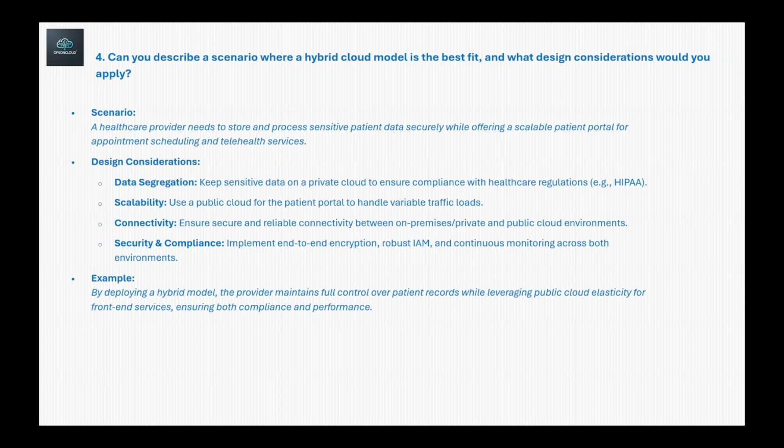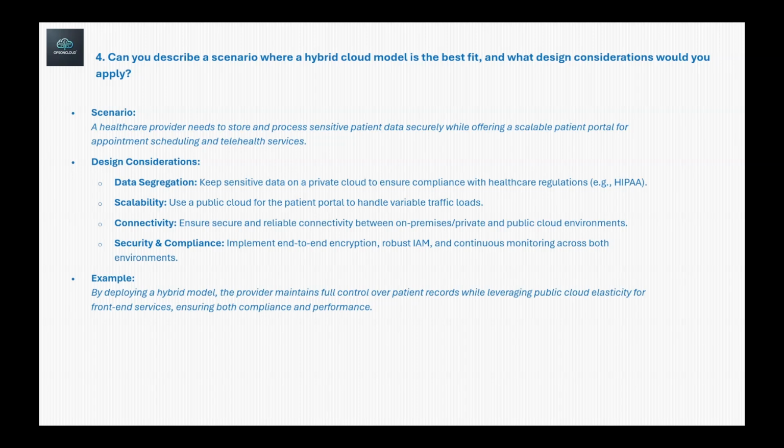So for data segregation, we discussed what kind of data we would need to store, which is considered secure data. When it comes to scalability, how do you access the data? You would usually have a web portal or a mobile application. That I would have in the public cloud, but not the actual data that is connected from that web portal. For that, I would use a public cloud to handle the variable traffic loads.